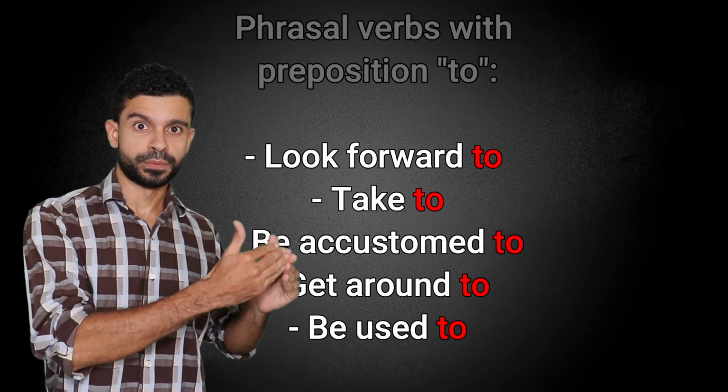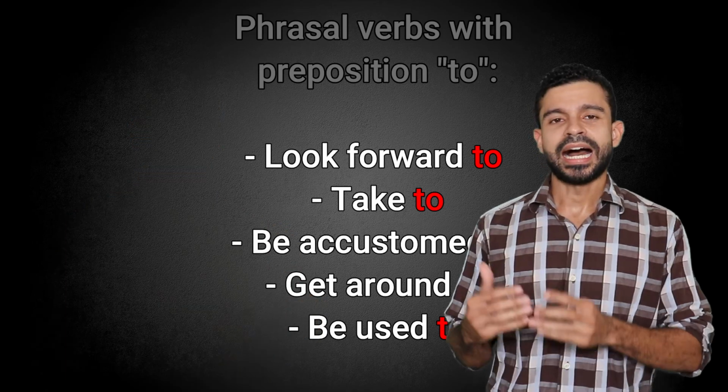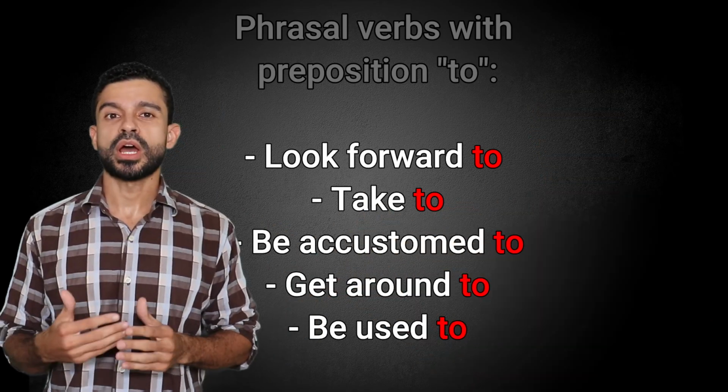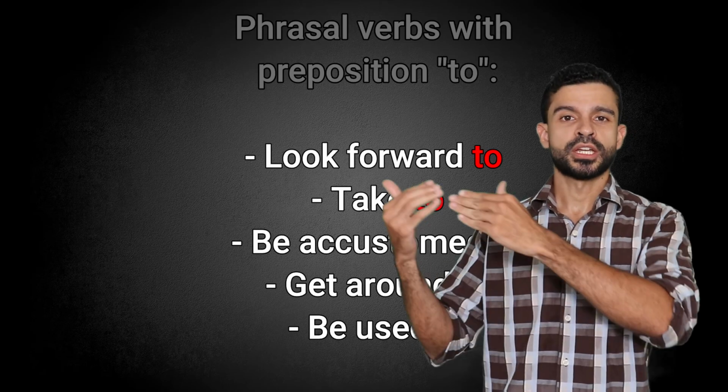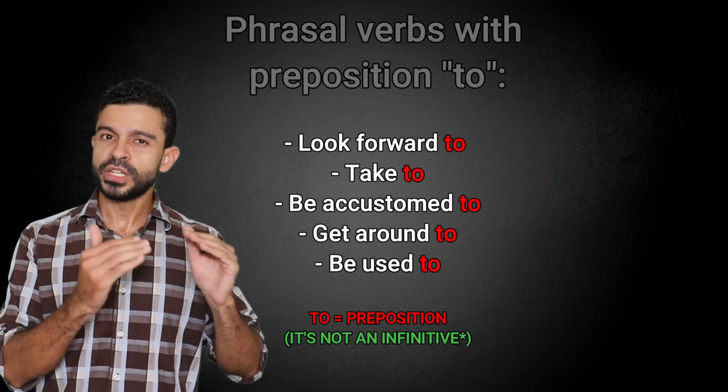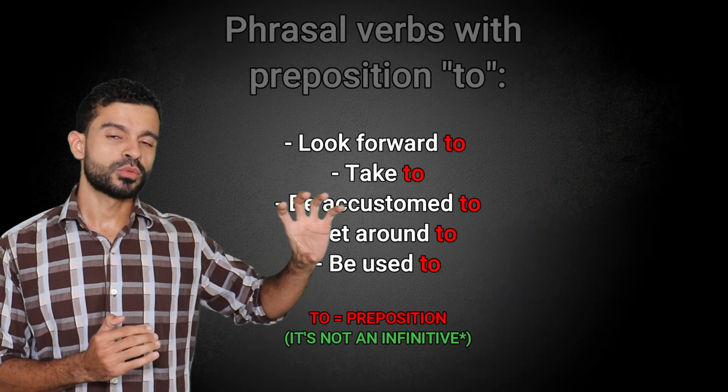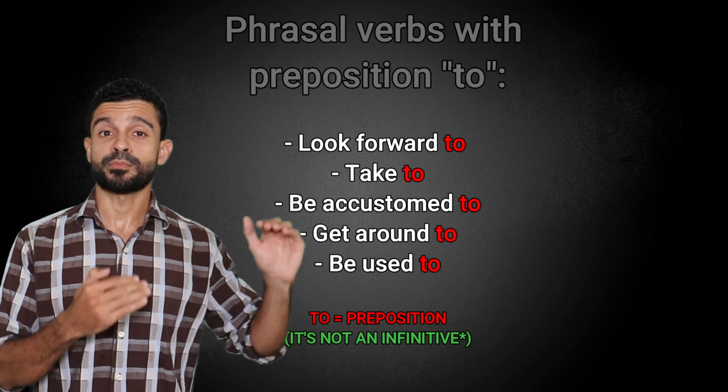I'm going to mention some phrasal verbs that end in the preposition to. Look forward to, take to, accustomed to, get around to, be used to. In all of these phrasal verbs, the last word, which is to, is functioning as a preposition.